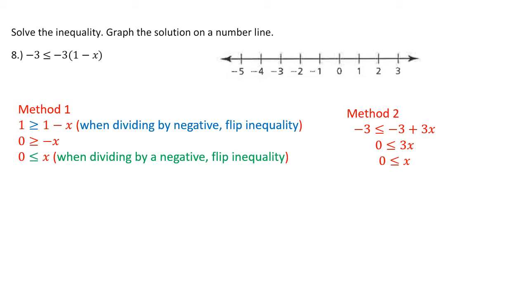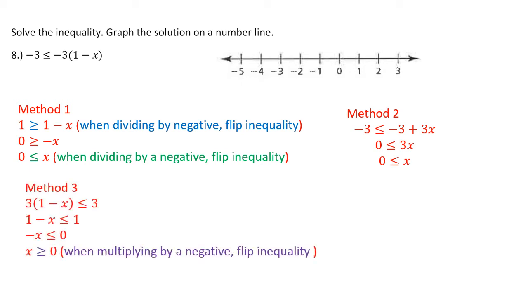In method 2, I never multiplied or divided by a negative, so I kept the symbol consistently less than or equal to. In method 3, both of these are negative expressions, and instead of dealing with the negatives as in method 1 by multiplying or dividing by a negative, I take the negative on the left and add it to the right, and the negative on the right and add it to the left.